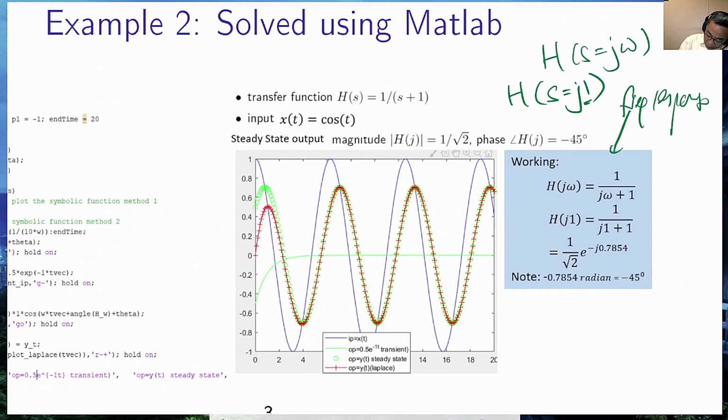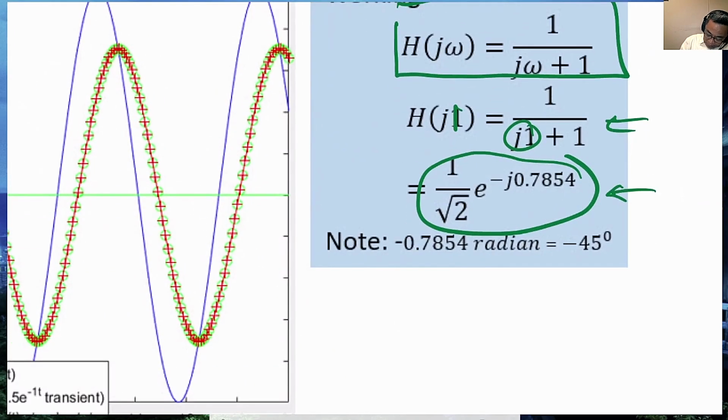So we substitute j1 into here, and then we get this. This is a complex number. We convert it into polar notation, and we get 0.7071, which is 1 over root 2, e to the minus j 0.7854.